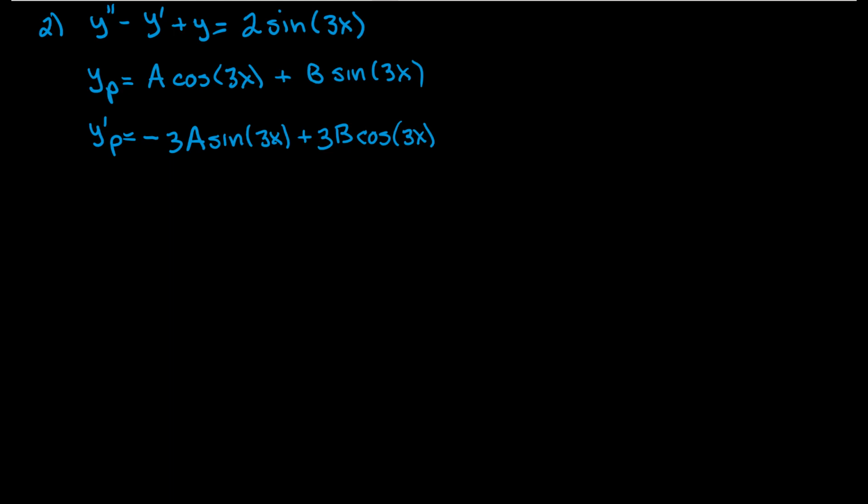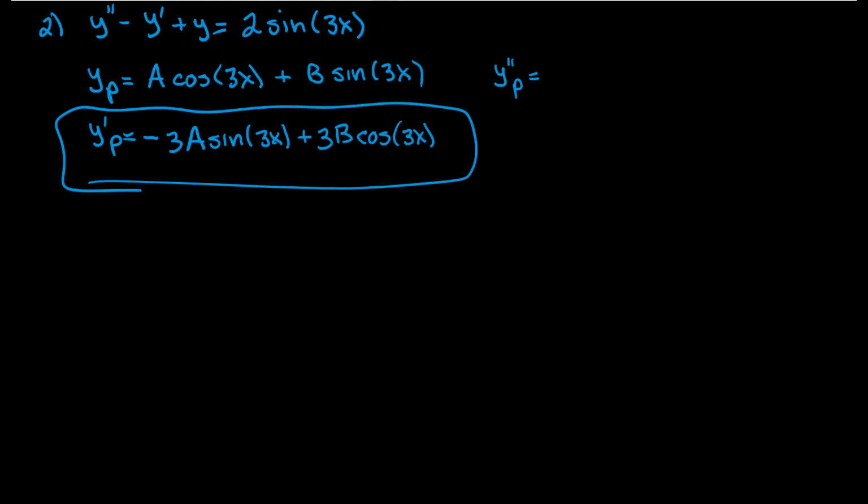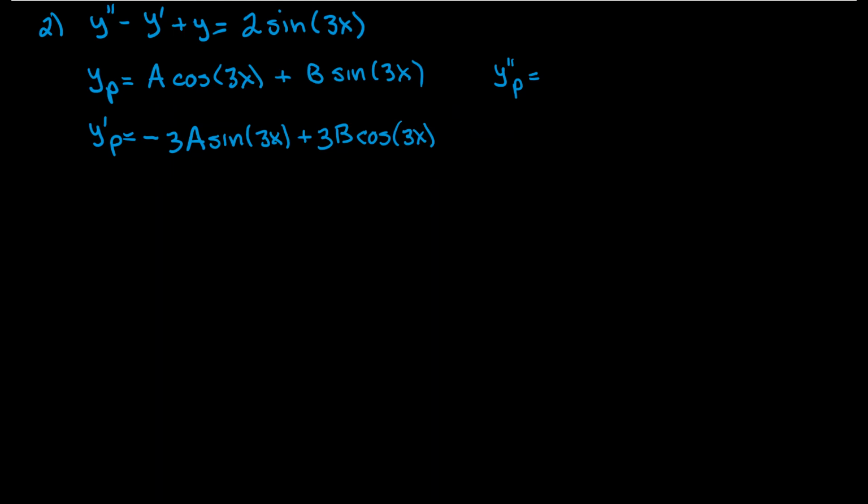And the last thing we're going to wind up with then is our second derivative of our particular solution, which means I'm going to take the derivative of that one. Okay, so I'm going to have a negative, and I'm going to have the a times the derivative of sine is cosine of 3x. And notice I'm going to have a 3 coming out from that times the 3 that's already over here in the coefficients.